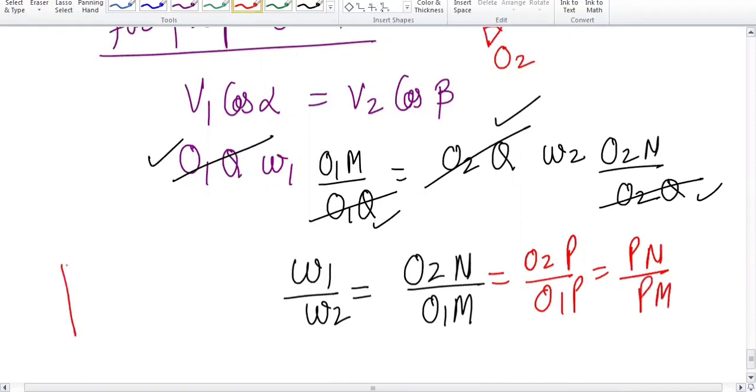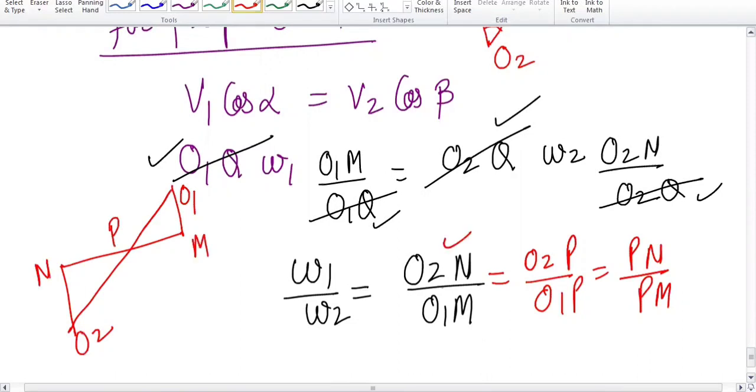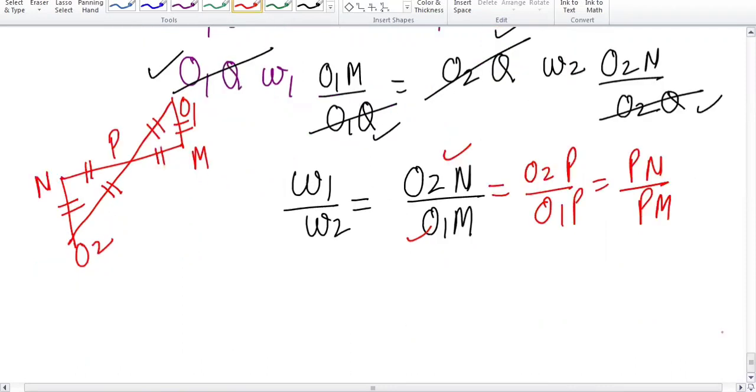Because see, this is the triangle: this is O1, this is O2, this is N, this is M and P. Now you can clearly see O2N and O1M are perpendicular, O2P is the hypotenuse, and O1P, and NP and PM. All three sides' ratios have been taken. But what is the value of this triangle similarity?